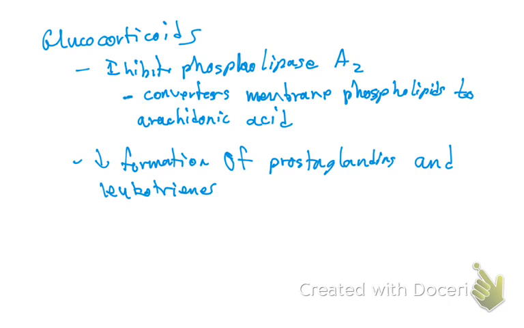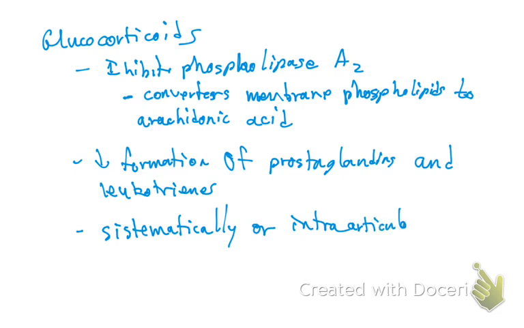How can we give a glucocorticoid to patients? What is the way of administration? We can give it systemically or intra-articular. We give it intra-articular basically when we cannot give the patient either an NSAID or colchicine.